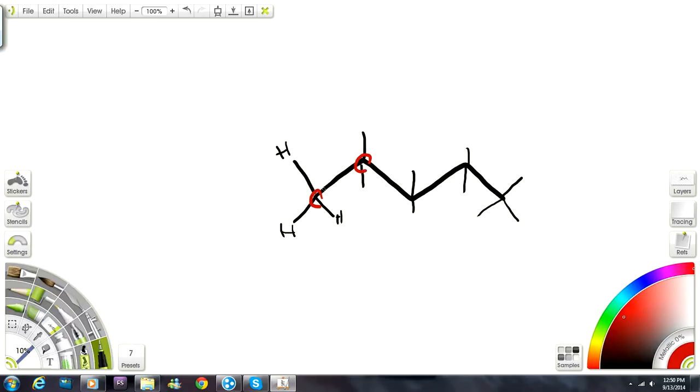Since it likes to bond 4 times, this end carbon is bonded to this carbon with a single bond. And then carbon has 4 valence electrons, so it's got 3 more it can share with hydrogen. Since its valency is 4, it bonds to 3 hydrogens, and then there you go, it's very happy.